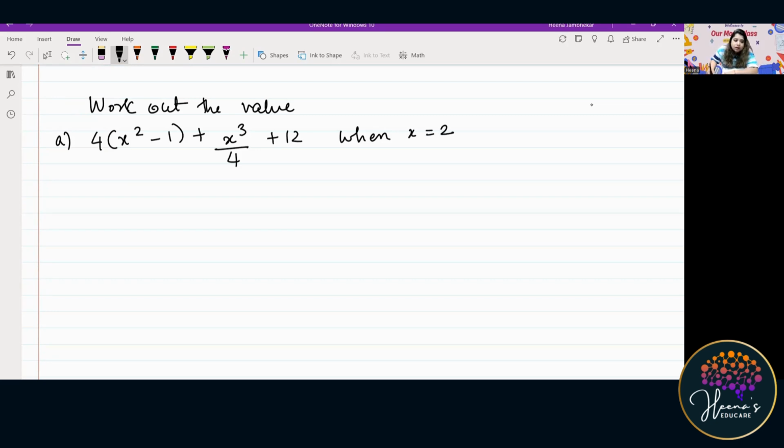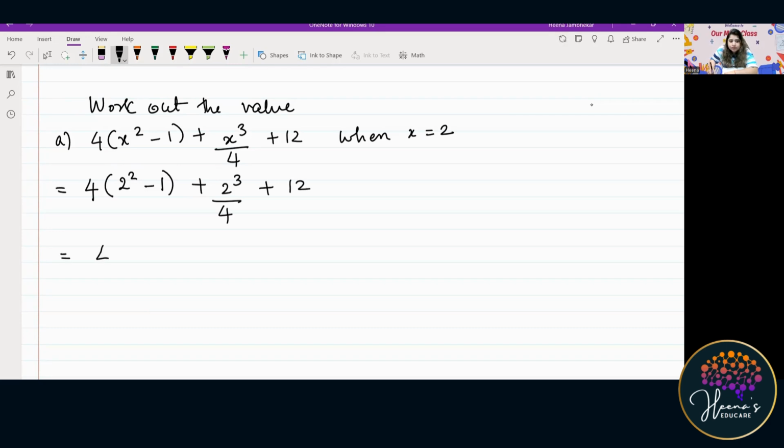Okay, what will I do here? I'll write the 4 bracket. What is x square? Which is 2 square minus 1 plus 2 cube upon 4 plus 12.